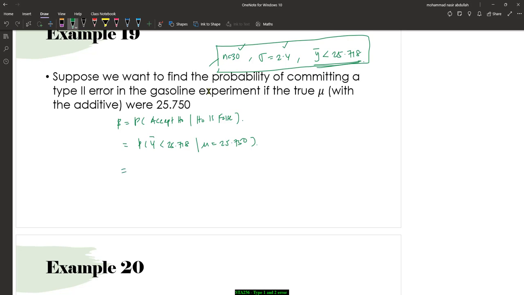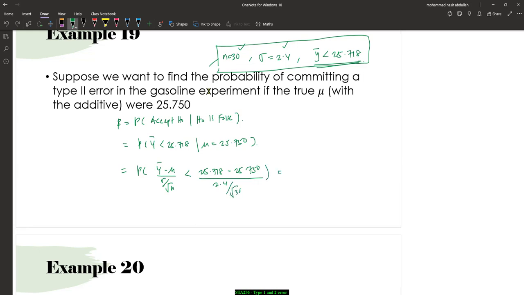So to convert this to Z distribution, probability of y bar minus mu divided by sigma over square root of n less than 25.718 minus mu, which is 25.750, divided by sigma over square root of n, with n equal to 30.